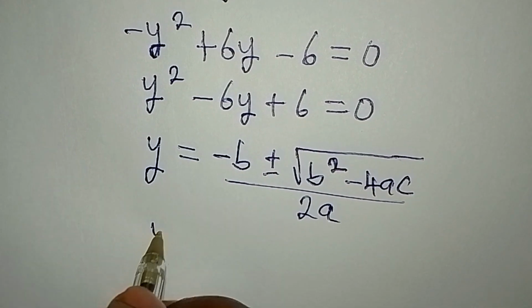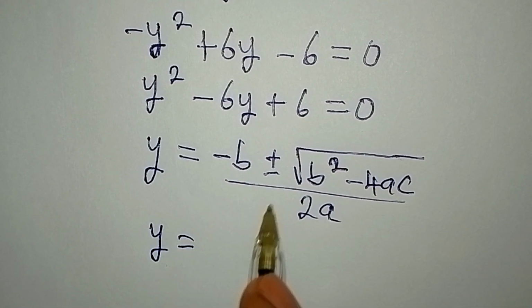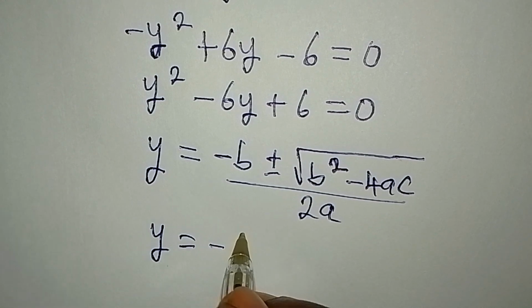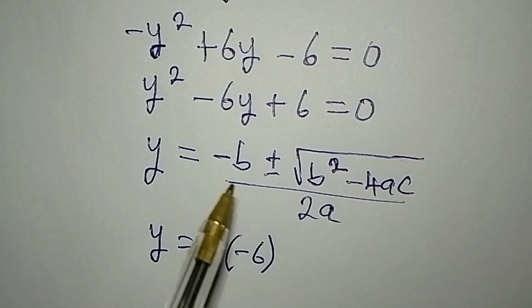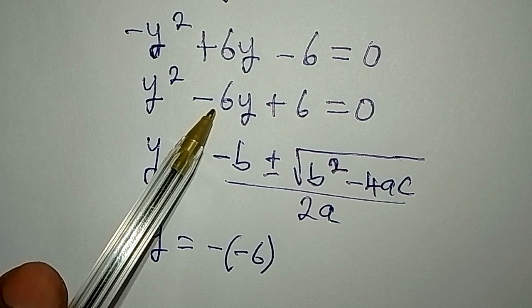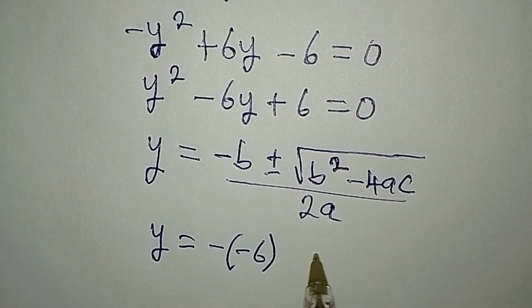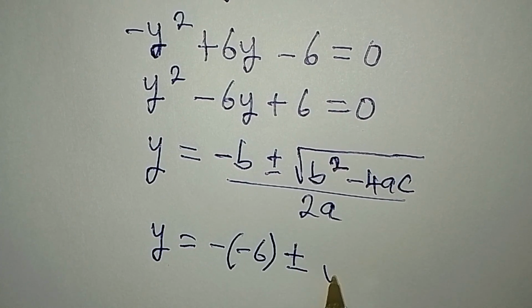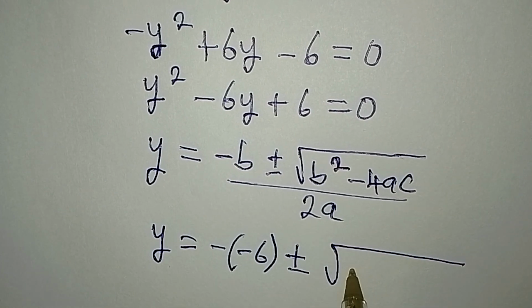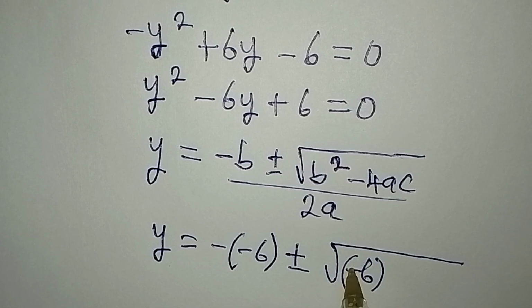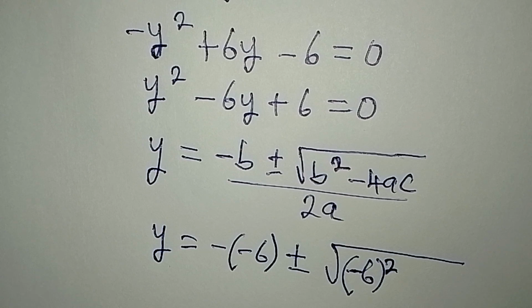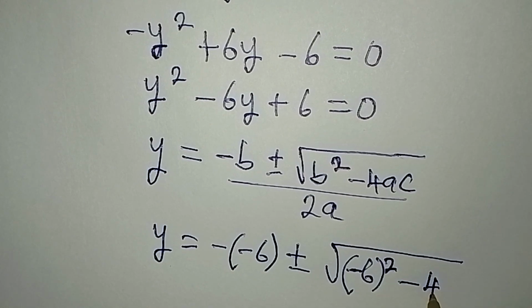So y is equal to, in place of minus b, write minus 6, because b itself is minus 6, and this negative will appear. Then we have plus or minus square root of b squared, that will be minus 6 to the power of 2, then minus 4 times a, which is 1, and c, which is 6.